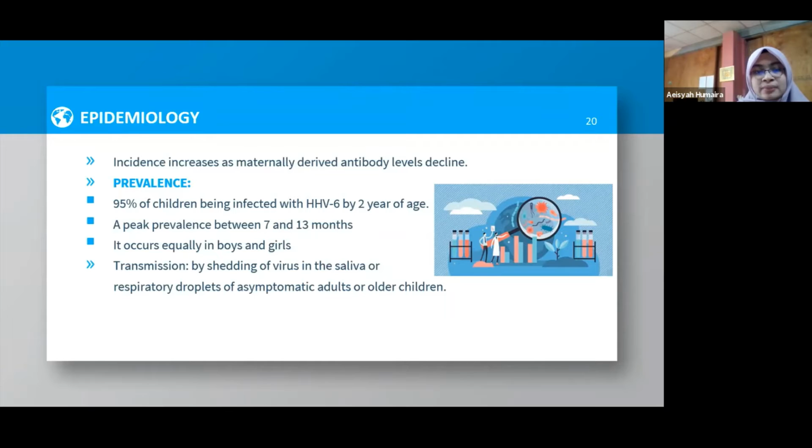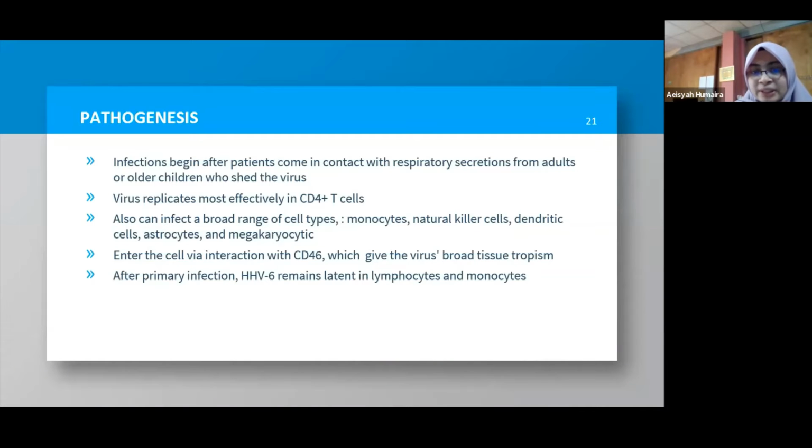It is transmitted by the shedding of the virus in the saliva or respiratory droplets of asymptomatic adults or other children. Then, for the pathogenesis, the infection begins after the patient comes in contact with respiratory secretions from an adult or other child that sheds the virus.